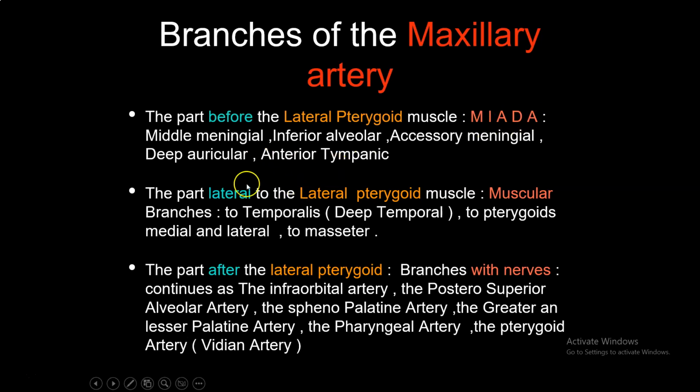The second part, which is lateral to the lateral pterygoid muscle, gives muscular branches. So it gives the deep temporal arteries, which are important to the temporalis, which is of utmost importance. Please, when you dissect under the temporalis muscle, don't injure the deep temporal arteries.